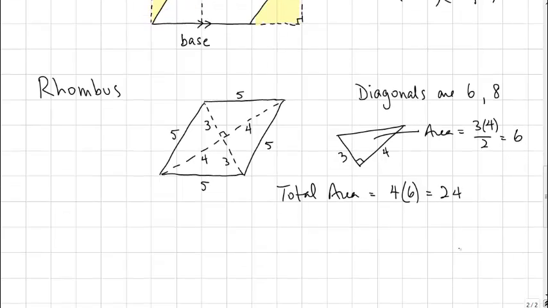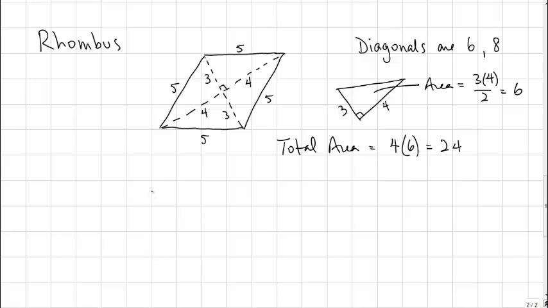Now, you can come up with a formula for the area of a rhombus. The area of the rhombus is just simply the product of the two diagonals, so diagonal 1 times diagonal 2 all over 2. And we can manipulate the diagram of the rhombus to see why that's true.